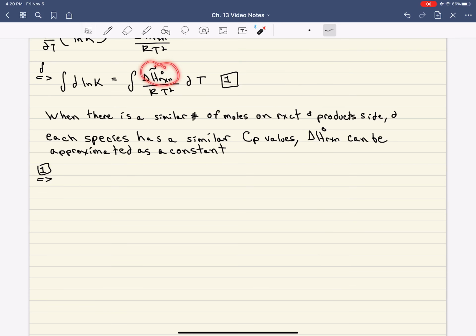Okay? And so that means that if we look back at equation 1 here, we treat this as a constant, pull that out of the integral, and then what we would get is ln of K at some temperature over K at some, perhaps reference temperature, T naught.